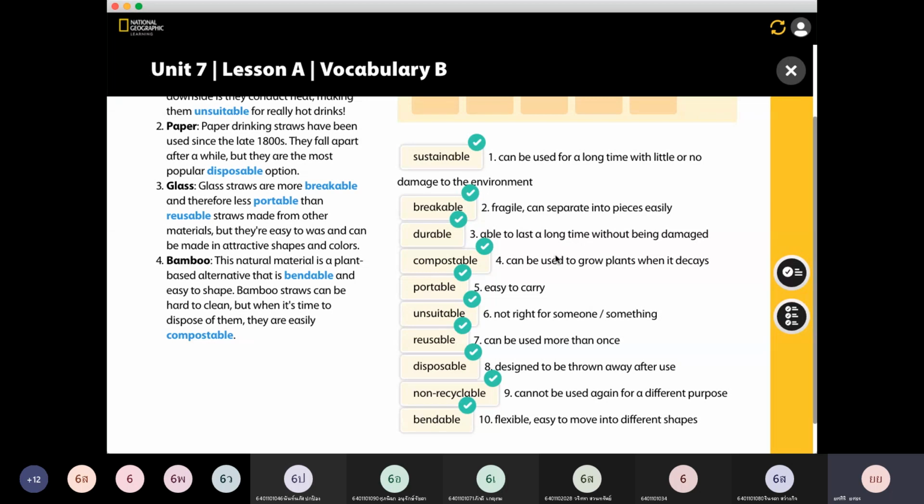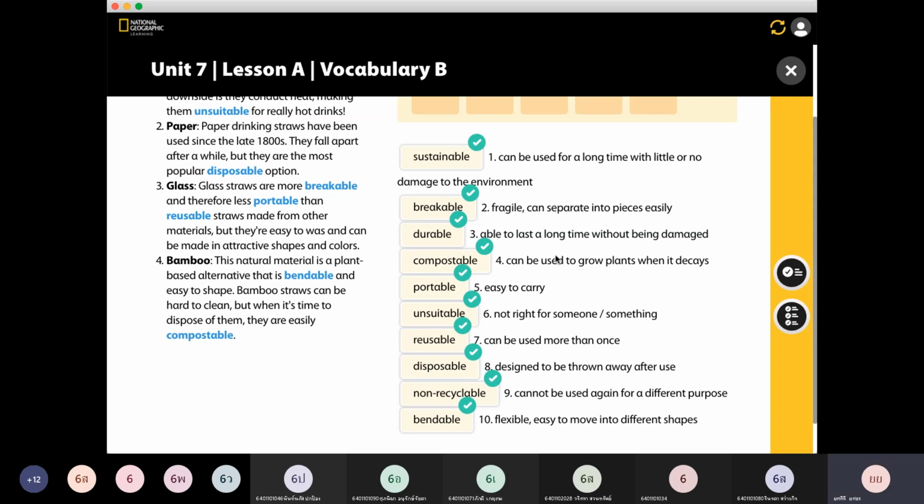Okay, so let's pause and think back just a little bit. Think about the things that you can see around you. Can you share what kind of material you prefer in terms of eco-friendly or environmentally friendly alternatives?